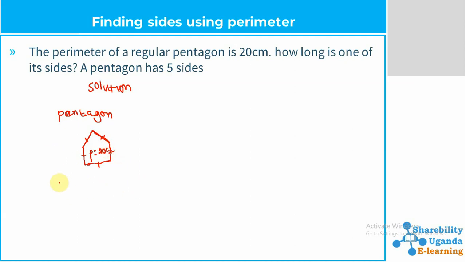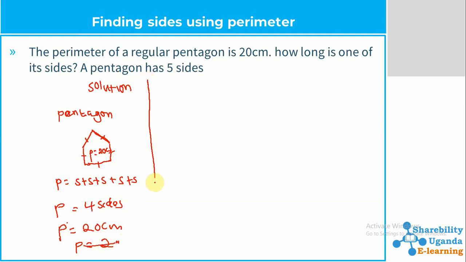Now we should be able to say that our perimeter is going to be equal to our side plus side plus side, and so on.